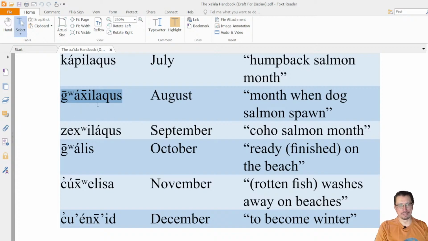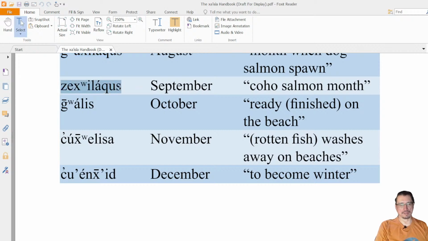Then we have guajela. This is August, and it means month when dog salmon spawn. So guajanis is dog salmon or chum in á'isla. Guajela is the time of dog salmon or chum.